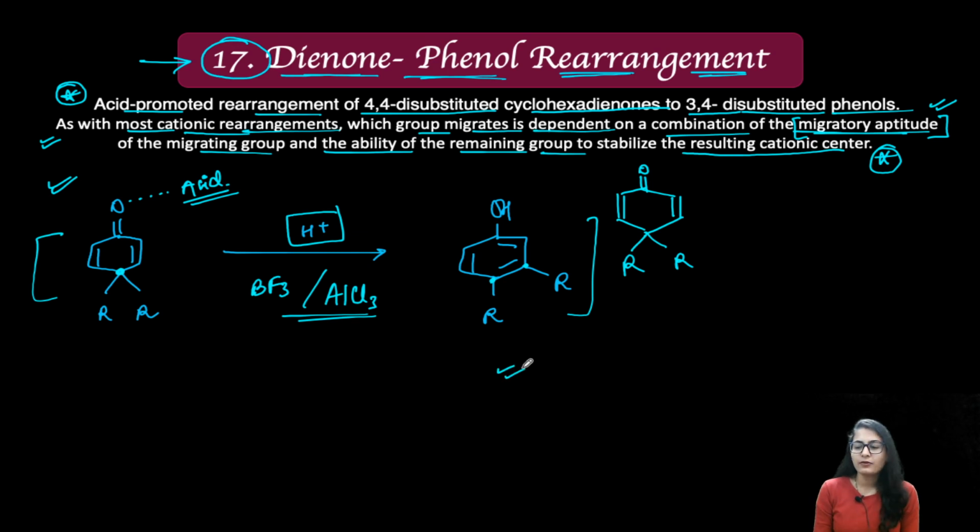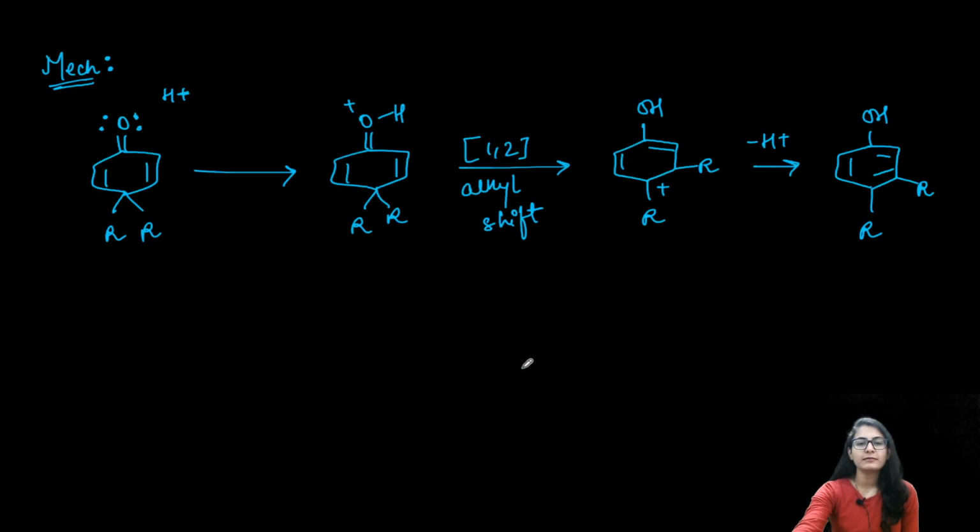Alright, so we are now first of all going to look at the mechanism, and then we are going to talk about the migrating groups. Alright, so we see that we are having two R groups. I have taken general alkyl groups over here. What happens is, guys, the lone pair of oxygen attacks the proton, and gets a positive charge like this. Okay, you can write it like this also, or directly you can write a positive charge.